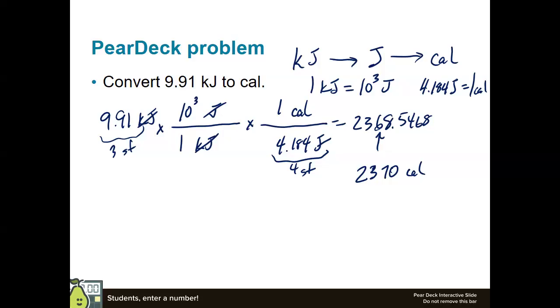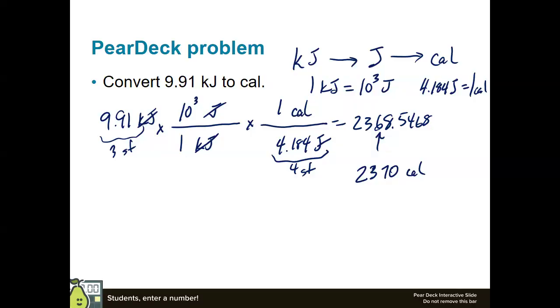The way I went about it is I converted the kilojoules into joules. Kilo means 1,000, so there are 1,000 joules, 10 to the third joules, in a kilojoule. And then the last conversion, the 4.184 joules in a calorie, that's the same conversion we used in the last problem.